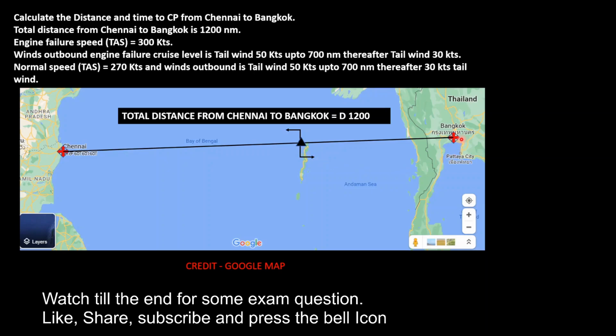The normal cruising speed is 270 knots, and the winds up to 700 nautical miles are assumed to be 50 knots of tailwind, and from 700 onwards it is 30 knots of tailwind.